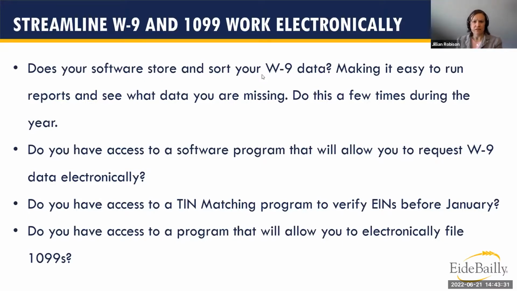And then accessing it through a TIN matching program. A lot of times you can put it into your software or someone can directly put their information into your software and then you can TIN match it at the same time and have a streamlined process of getting the W-9 electronically and then TIN matching. And then by the end of the year, you're all set and ready to go, and you're not stressing out about finding your information.